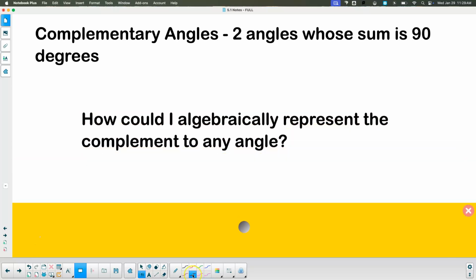Let's say the first angle is x. What would the second angle be? 90 minus x.